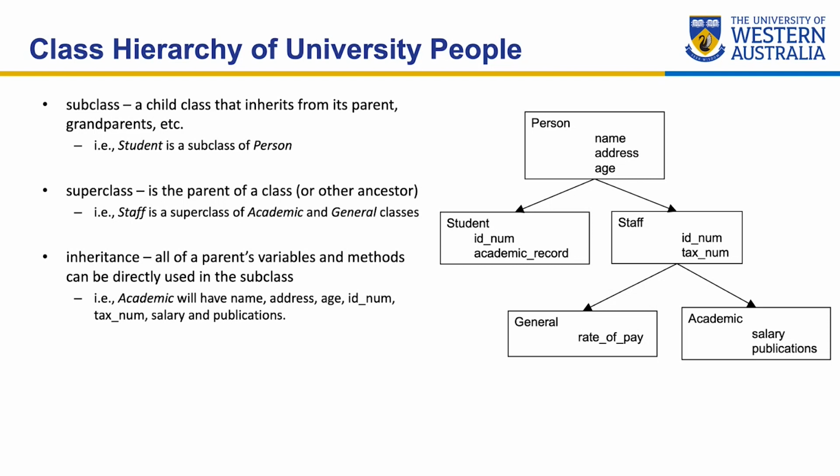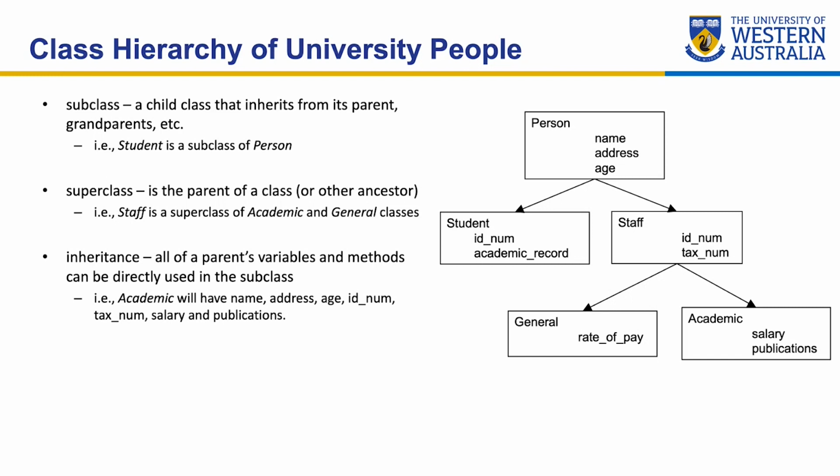So here the subclasses are child classes that inherit from their parent, grandparents, etc. However high the hierarchies go. So here the student is a subclass of a person. General is also a subclass of staff, which is also a subclass of person. Okay. Superclass is the parent of a class.